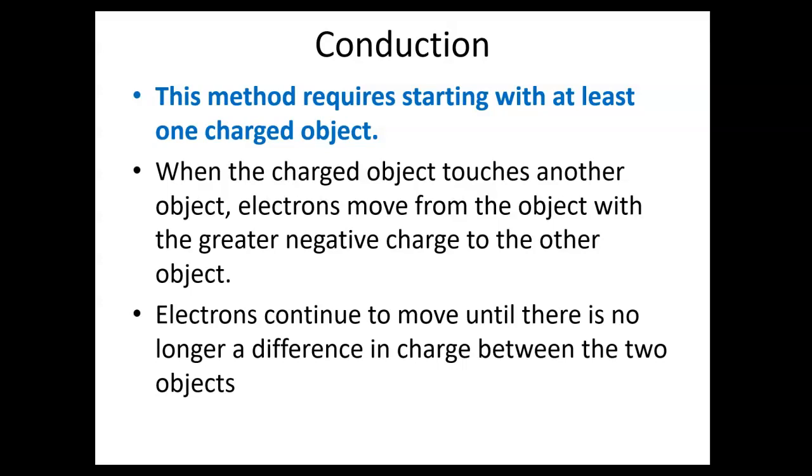But for conduction to work, you have to start with at least one charged object. When that charged object touches a different object, electrons will move from the object with the greater negative charge to the other object. The electrons will continue to move until there is no longer a difference in charge between the two objects.